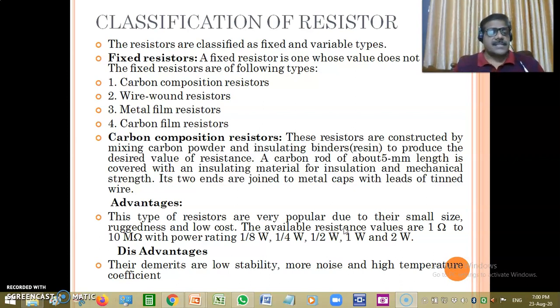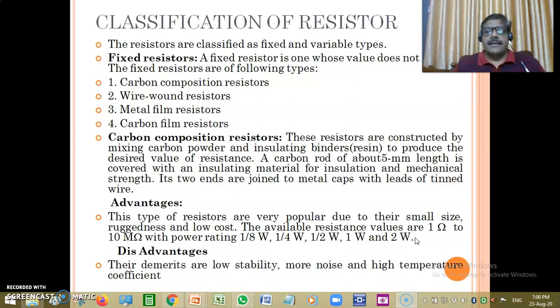Now its advantages. This type of resistor is very popular due to its small size, ruggedness and low cost. The available resistance values are 1 ohm to 10 ohm with power ratings of 1 by 8 watt, 1 by 4 watt, 1 by 2 watt, 1 watt and 2 watt.